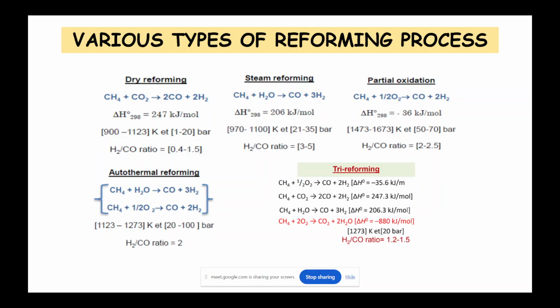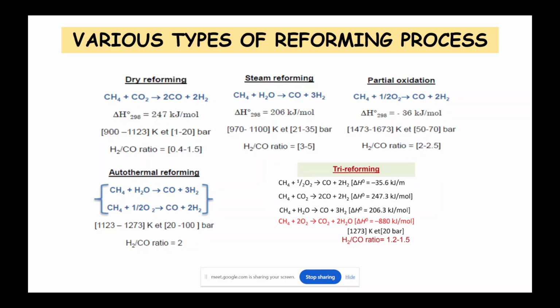This syngas we are talking about, that is CO2 plus CO plus H2, can be used for liquid fuel production. So we will be discussing that now. We try to use syngas to produce many different chemicals. The gaseous fuels can either be directly applied for energy generation, or they can be converted into some other chemical which can be used as fuel.